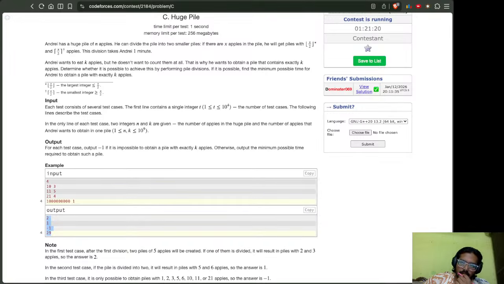Every pile is similar. In the example of 21 we had 11 and 10. It doesn't matter what we choose, 11 or 10, we will have a pile of the same size in both cases.